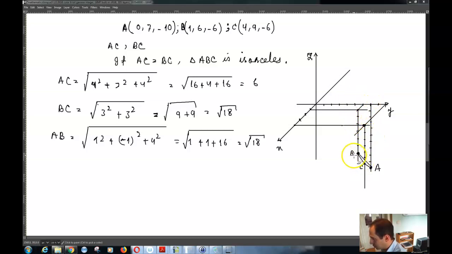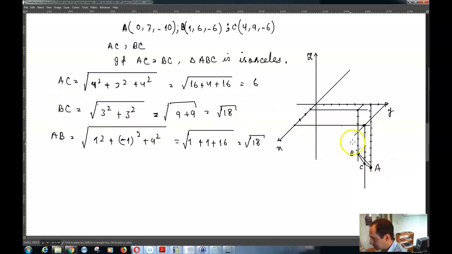And the z-coordinate of this point is 2, 4, 6. The z-coordinate of this point is negative 6, 6 and 10. There is not much difference there. But the x-coordinates of these 2 points, point B and point C, are basically 3 units apart.